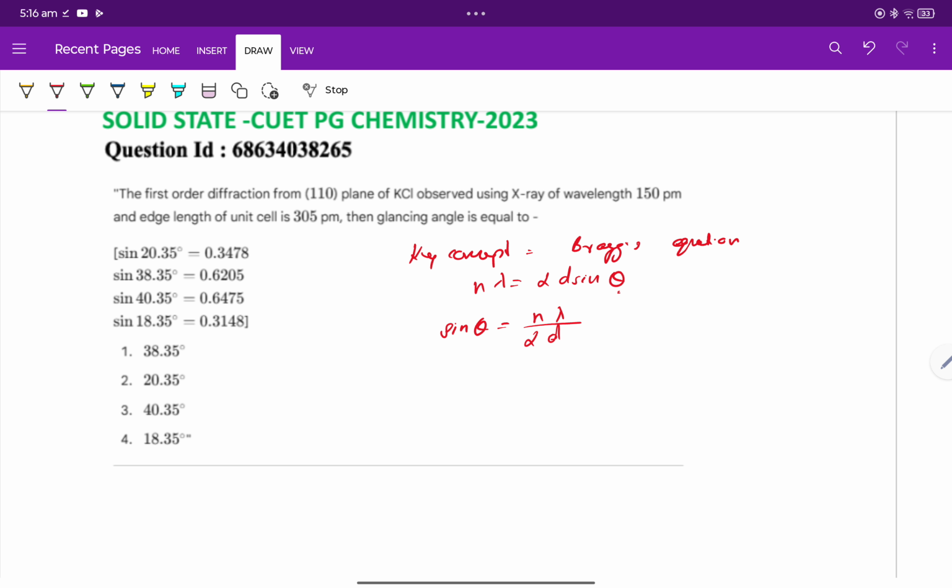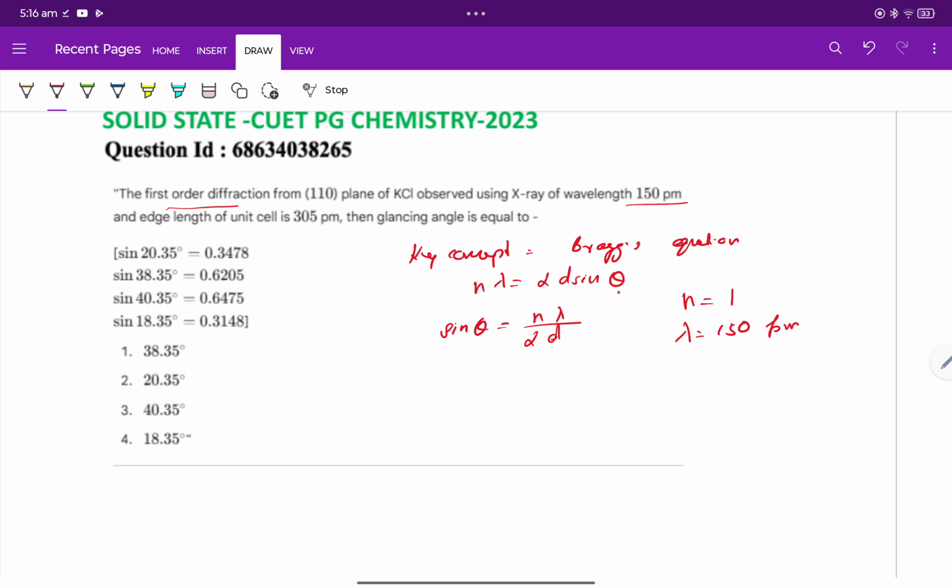Now let us try to substitute one by one. N is already said as the first order diffraction pattern, so n is equal to 1. Now what is lambda? They have given it as 150 picometer.